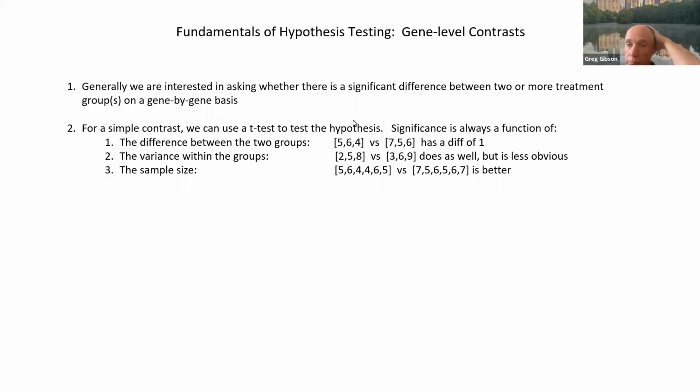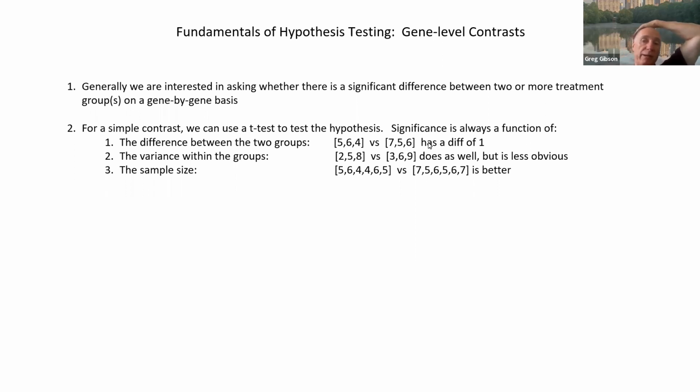And then if I look at the other group, where I've also got 3 replicates, I actually see that I've got 7, 5, and 6. So the mean of these is 5, and the mean of these is 6. So 6 plus or minus 1, 5 plus or minus 1. And so the difference between them is 1 unit. So just saying there's one unit of difference is not really that meaningful.